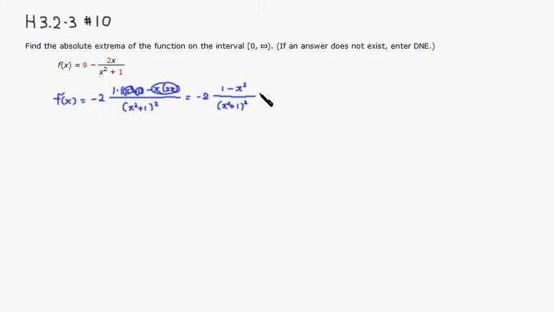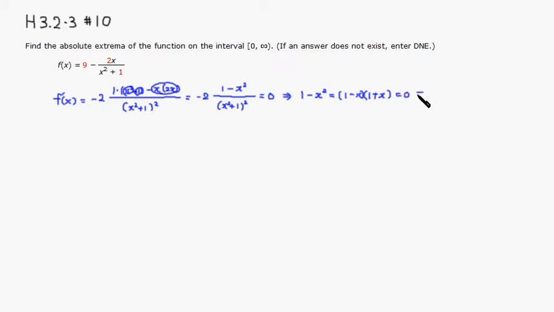So we can set this equal to 0, right? This is going to give you 1 minus x squared, which can be factored as 1 minus x and 1 plus x, which is equal to 0.